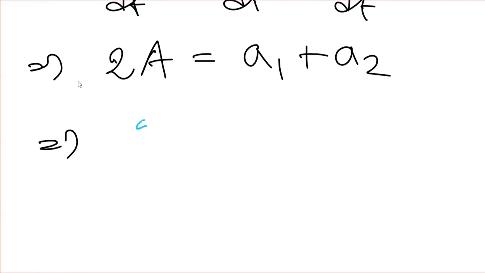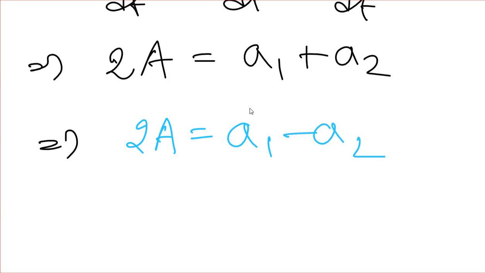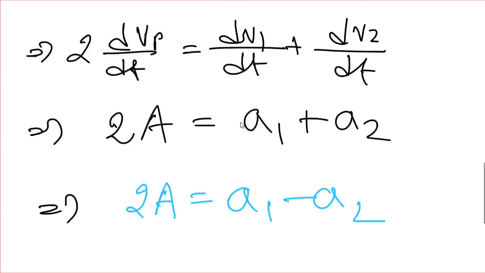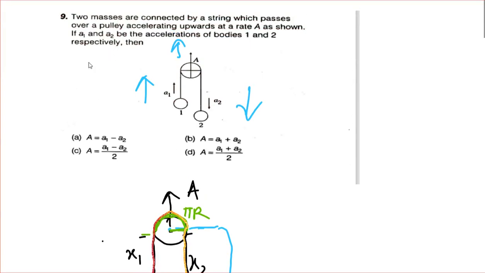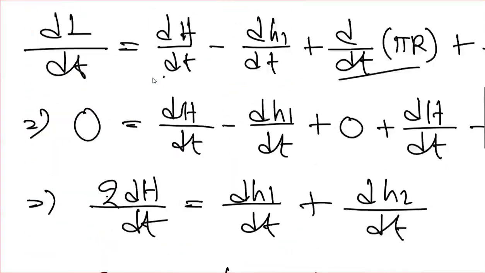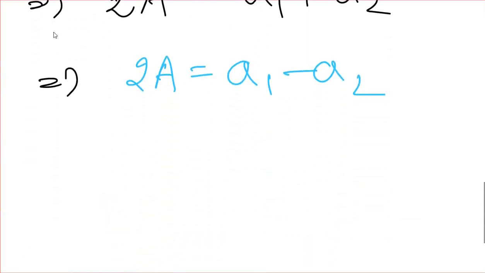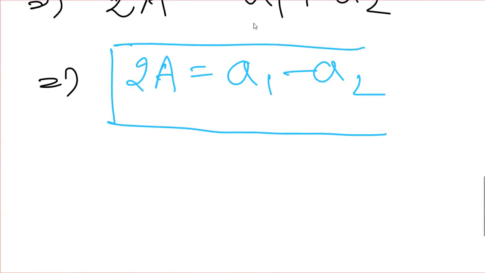So this will be 2A equal to a1 minus a2, because a2 is in the negative direction. The acceleration a1 is upward, and the acceleration of the pulley is also upward, but the acceleration of body 2 is downward. That's why the equation will have a minus. So this will be the relation.